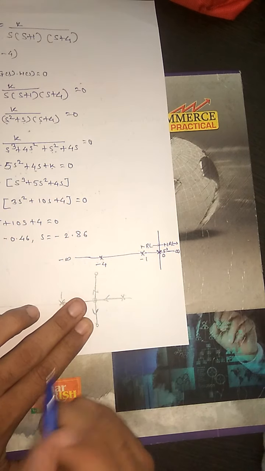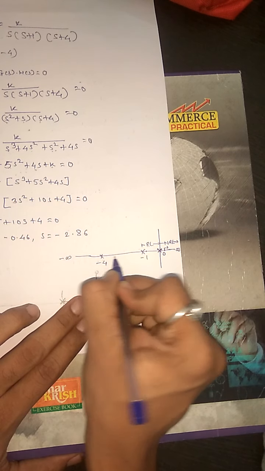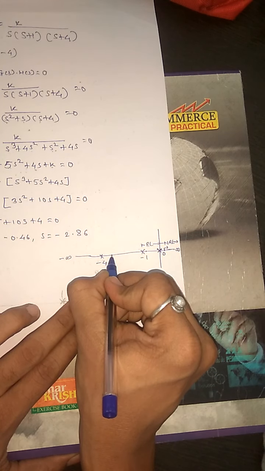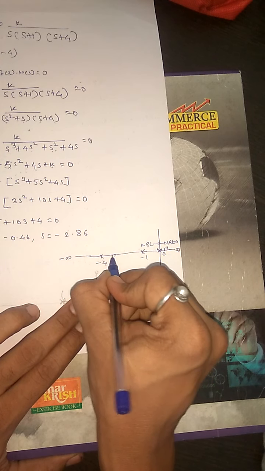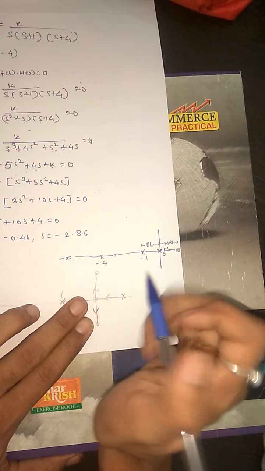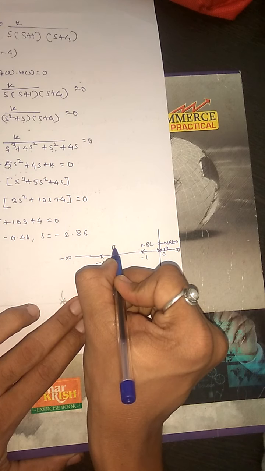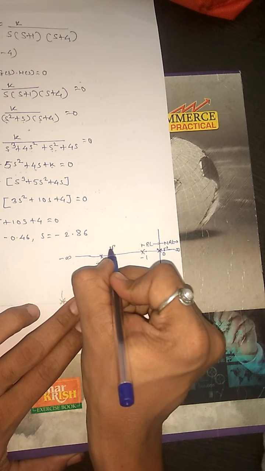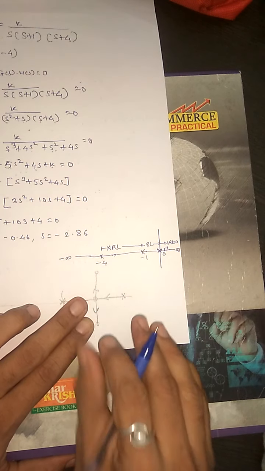Next, minus 1 to minus 4, we have to check this region. Put one point in this region, check on the right hand side of that point. On the right hand side, 1, 2 poles are present. 2 is an even figure, so it is NRL, non-root locus. We always want an odd figure.